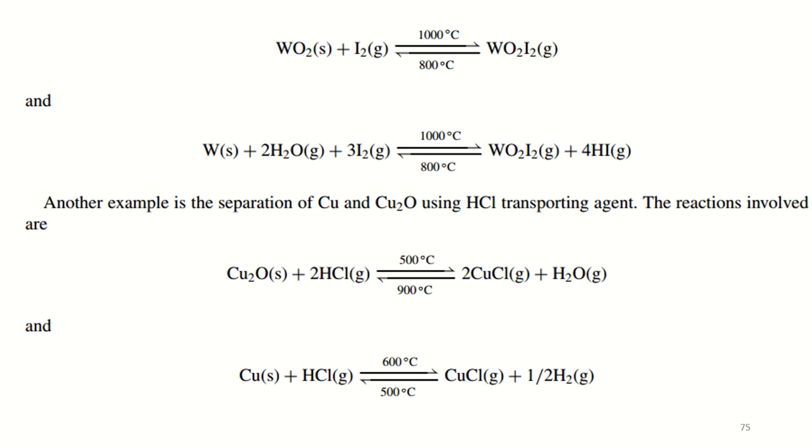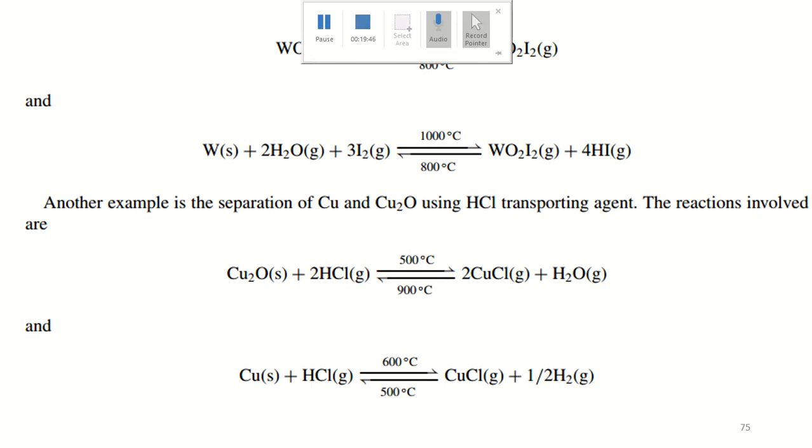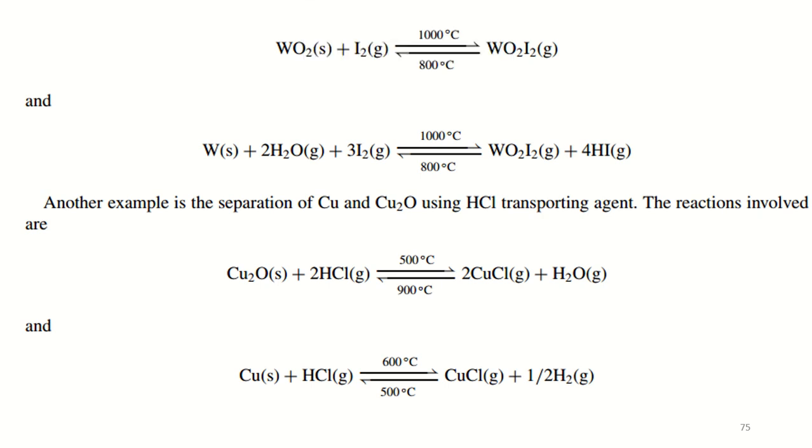Another example is the separation of copper and cuprous oxide using HCl as transporting agent. Solid cuprous oxide, Cu2O, reacts with HCl gas at 500 degrees Celsius as well as 900 degrees Celsius and changes into CuCl and H2O in vapor state.